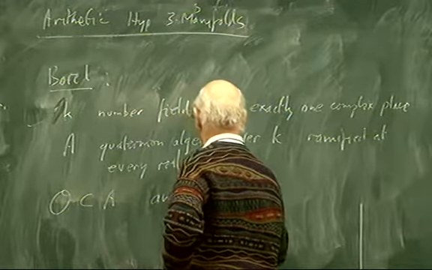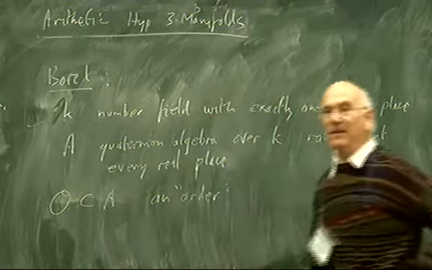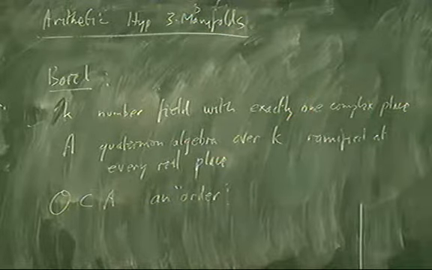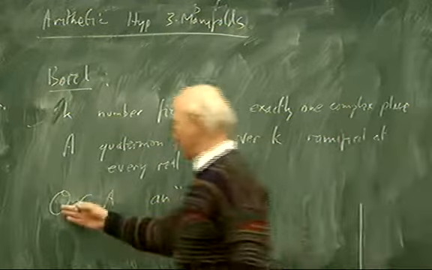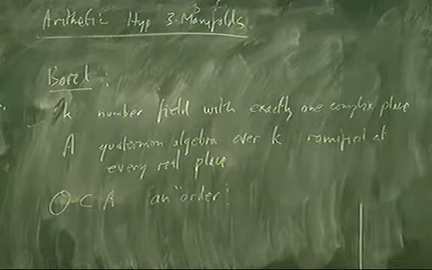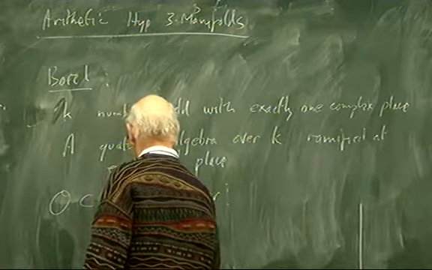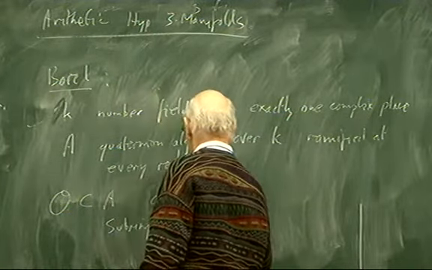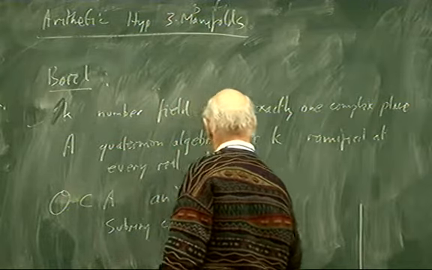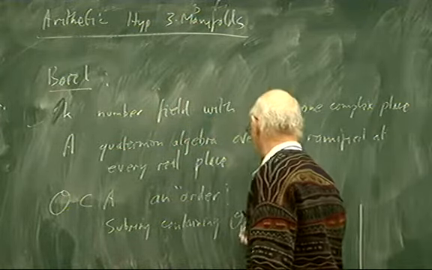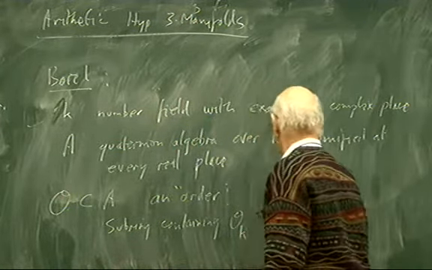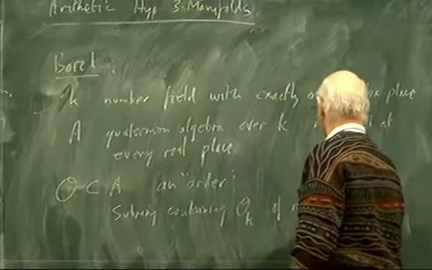So let me remind you, Professor Choi described what this means, but very briefly, it's a subring containing the ring of integers of the number field and of rank 4 over it.